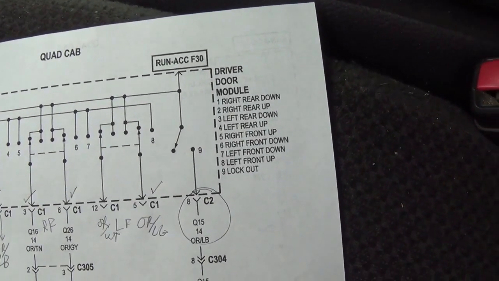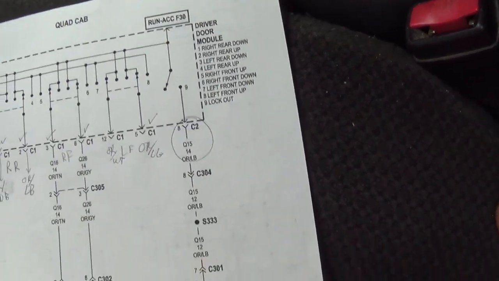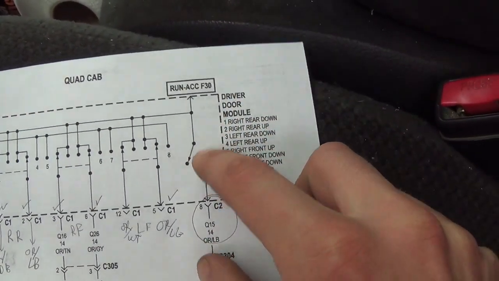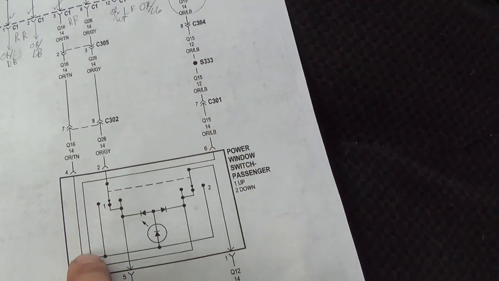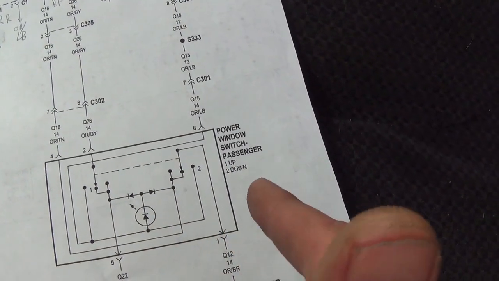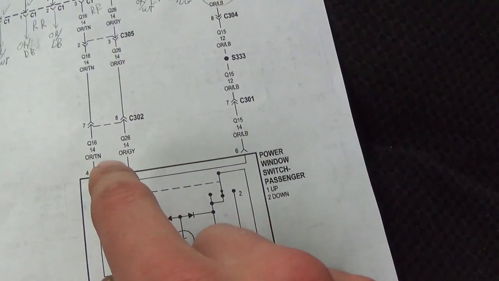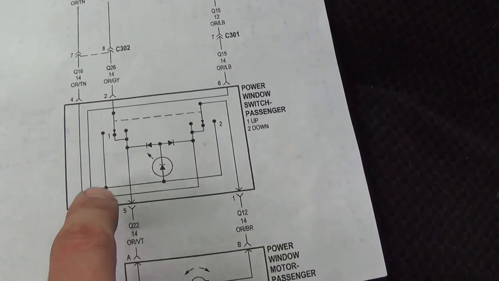Would it get it from that lockout switch? So let's say you close that switch, then we do have a constant feed to here. So it's going to be powered up there and there. And that would make perfect sense because these two are grounds. You flip a switch, one contact's positive.